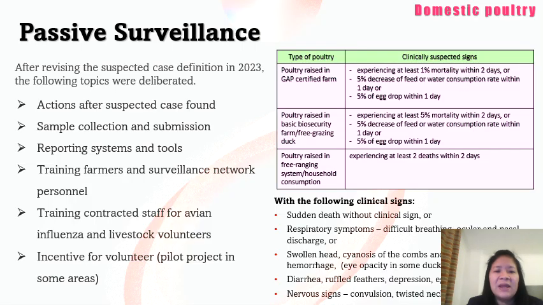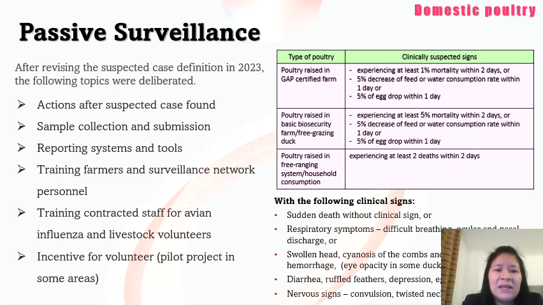As you can see there, the clinical suspected sign is based on the poultry system that I have been telling you about. If the poultry is raised in a GAP farm, the clinical suspected sign will be as seen on the right-hand side there. And if it's in the free-ranging system, the clinical suspected sign will be different. You will find at least 2 deaths of poultry within 2 days.